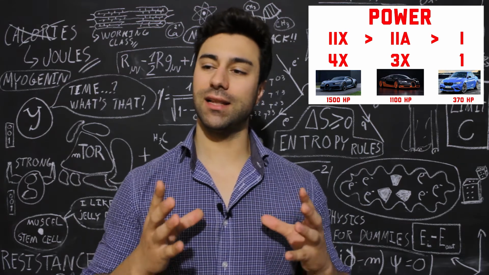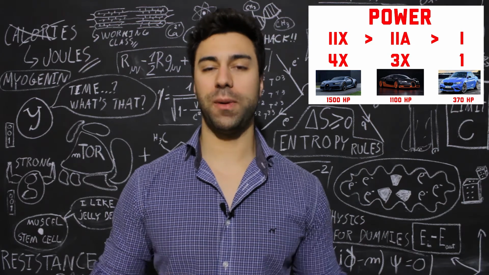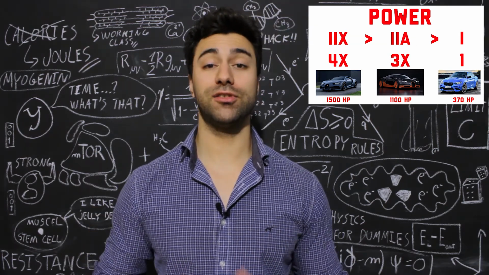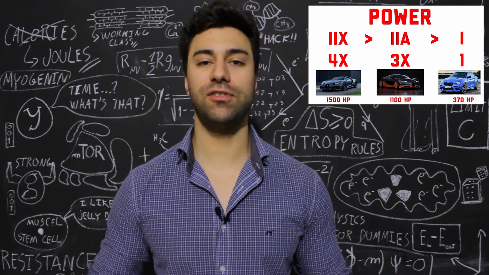So that's a lot more horsepower, a lot more power in the fast phenotypes than in the slow phenotype, the myosin heavy chain 1 phenotype.